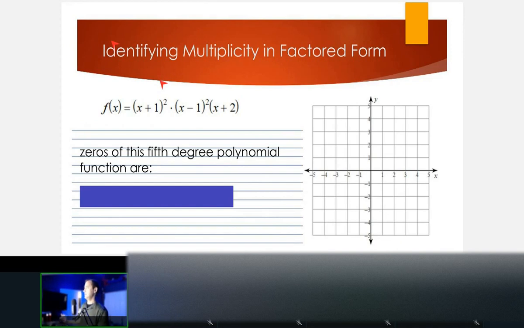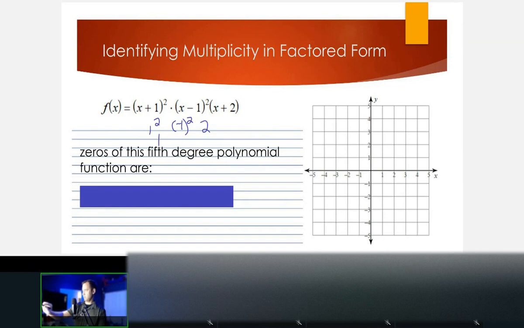So when we do that, we'll get 1 squared times -1 squared times 2, right?